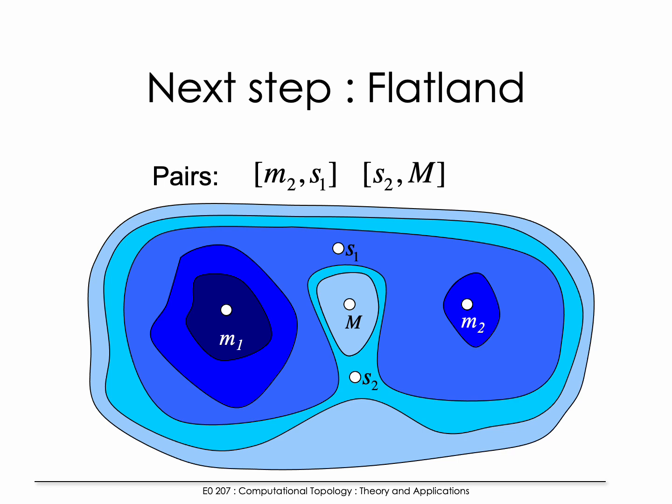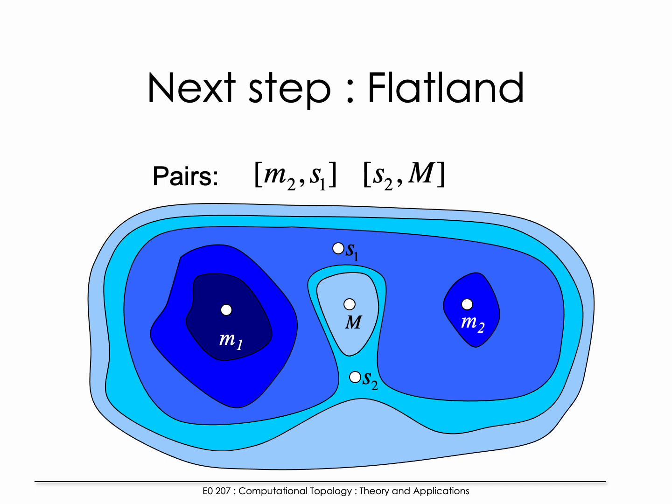Now, what is the value of this persistence? In this terrain, the first pair m sub 2 s1 is able to capture the size of the hill, or the valley, not a hill, the valley that was created at m2.